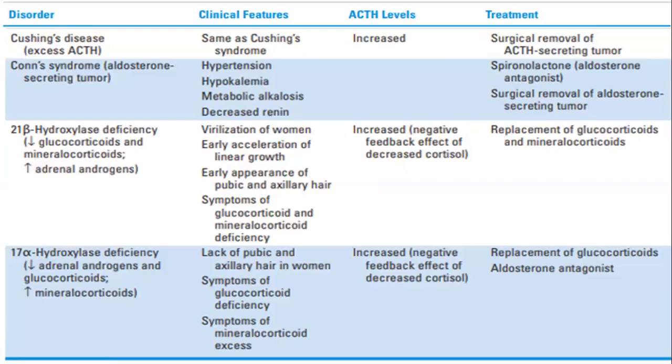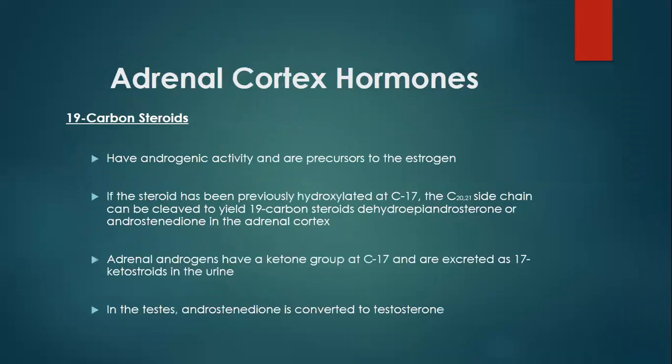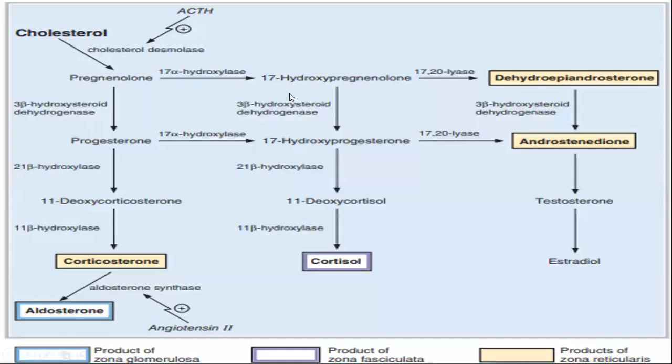Going back here. Okay, so there is a deficiency in the 21 beta hydroxylase. So a deficiency of your 21 beta hydroxylase would mean that progesterone is not converted into deoxycorticosterone, which would produce aldosterone.